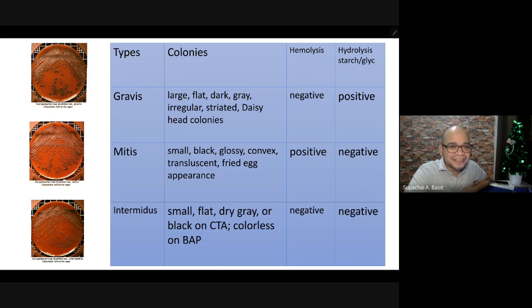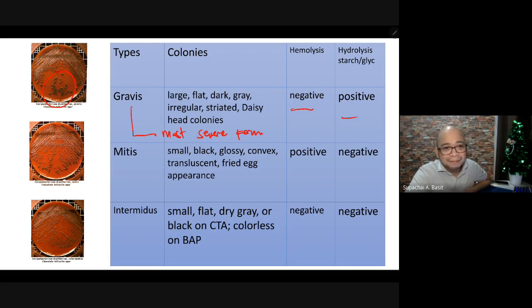When you say gravis, the colonies appear large, flat, dark gray, irregular, striated, daisy head colonies. This one is negative in hemolysis but positive in starch hydrolysis. We call it gravis because it causes the most severe form of diphtheria.